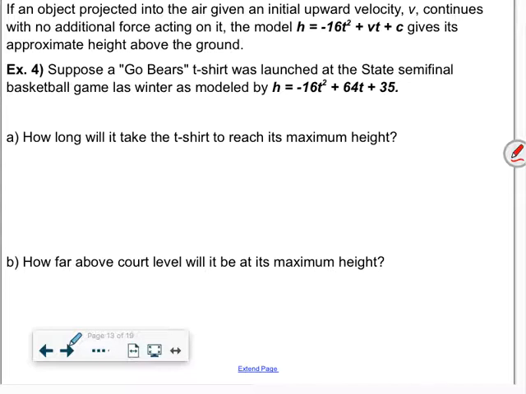So in example 4, it says, suppose a Go Bears t-shirt was launched. Have you ever seen those t-shirt shooter things? It is launched at the state semifinal basketball game last winter, and is modeled by h equals negative 16t squared plus 64t plus 35.